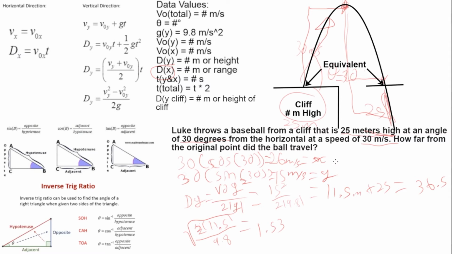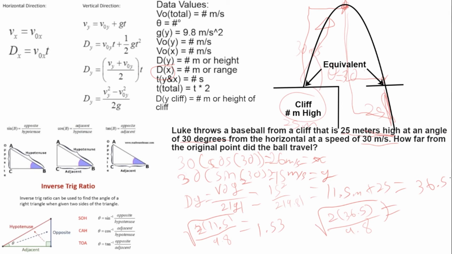Now all we have to do is find the time for this value specifically. We do the same thing: 2 times 36.5 over 9.8, and that is equal to our time value.